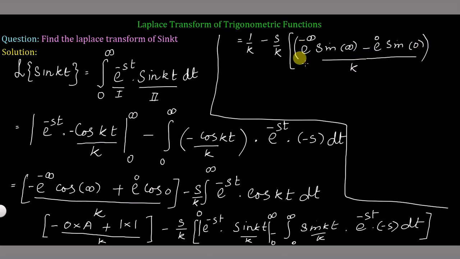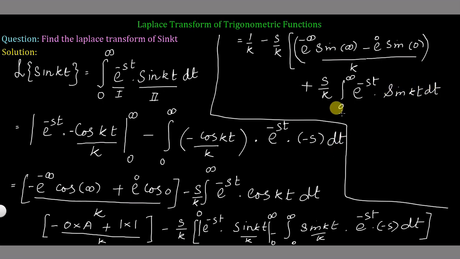This is the format, and then minus the integral from 0 to infinity, and this minus and this minus will become a plus, and s over k is out of the integral, and we have the integral from 0 to infinity of e raised to the power minus st times sine of kt dt.